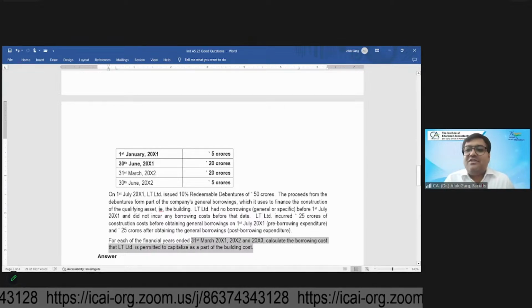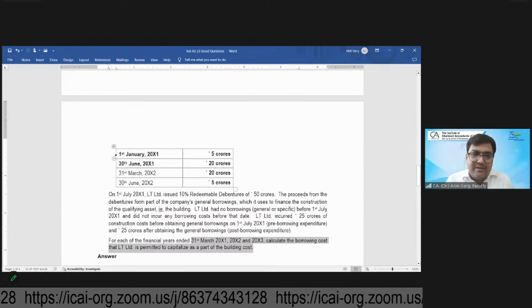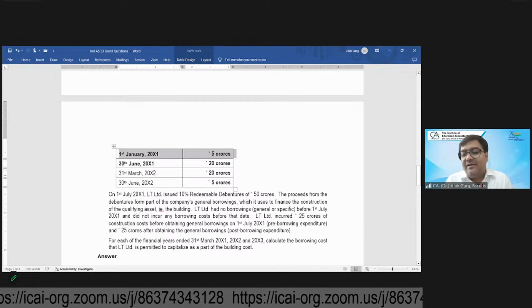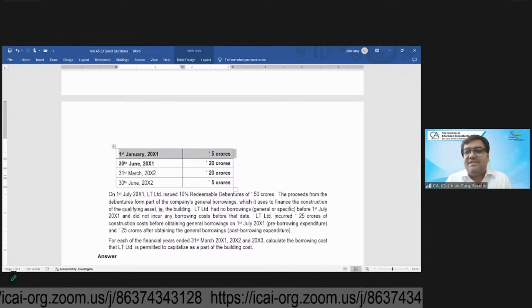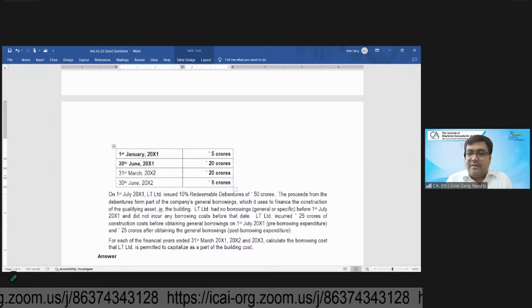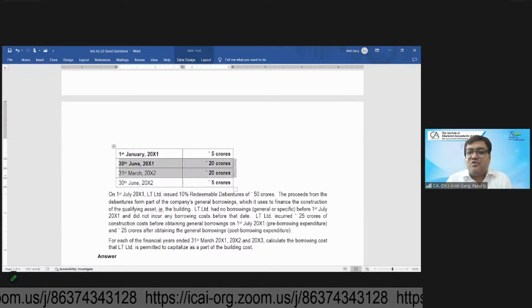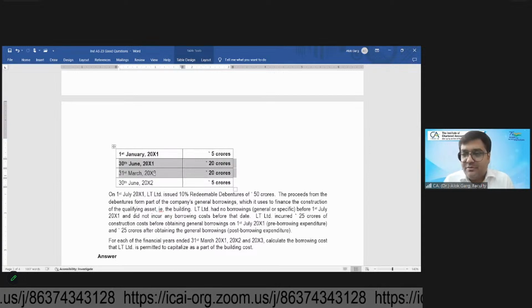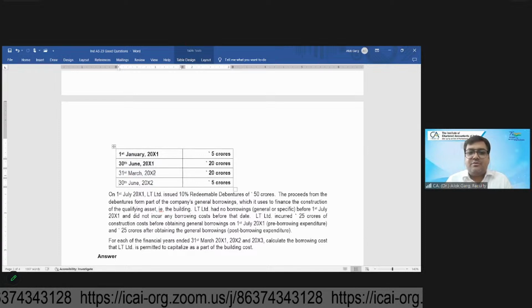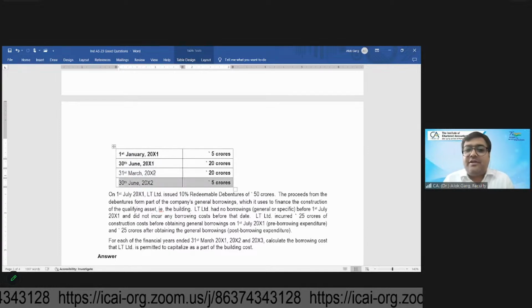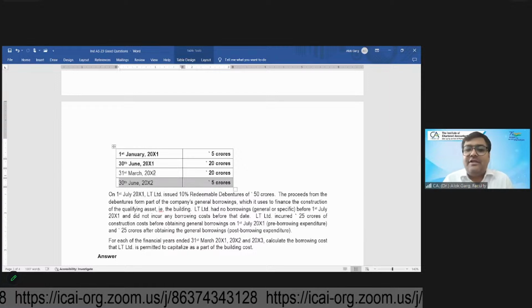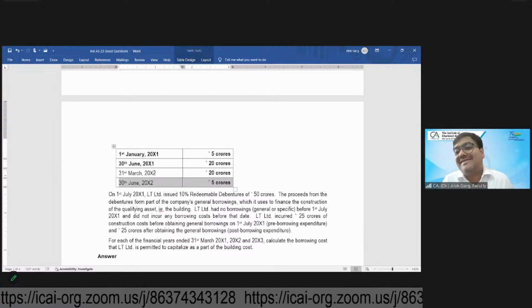So in this question, 3 financial years are there. After incurring an expenditure of rupees 5 crore on 1st January, the financial year ends on 31st March 20x1. Then the company has incurred 2 expenditures, on 30th June 20x1 and 31st March 20x2. The company will close the second financial year, 31st March 20x2. Then the company will spend 5 crore on 30th June 20x2, and the third financial year will be 31st March 20x3.